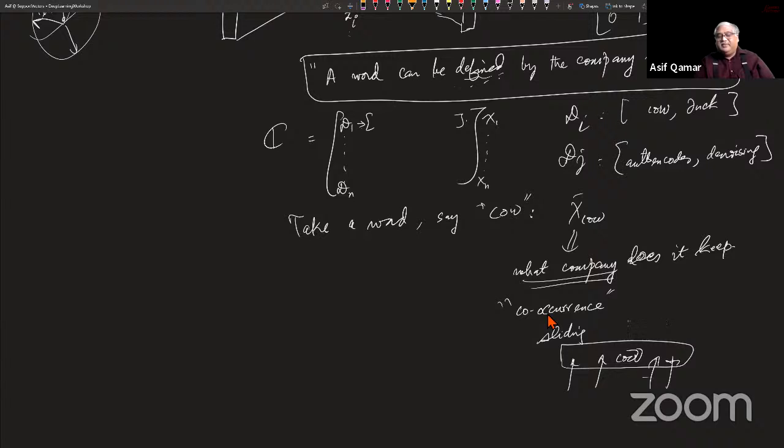When you look at the immediate company of a word, so suppose you take a window size 5. You look at the two words, the happy cow jumped over, jumped over the moon.